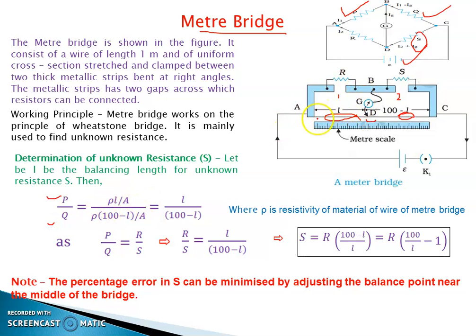This is P, this is Q, this is R, this is S. Now what is P? P is rho L by A. L is length of this portion, right?